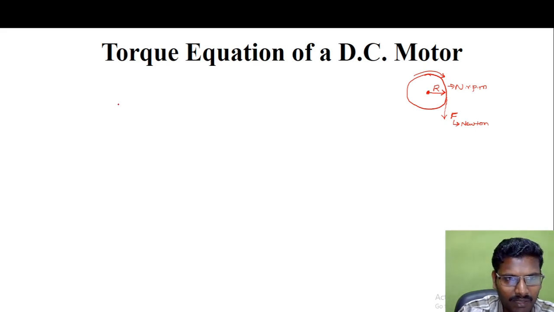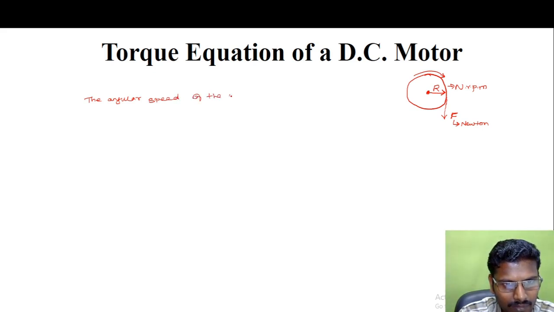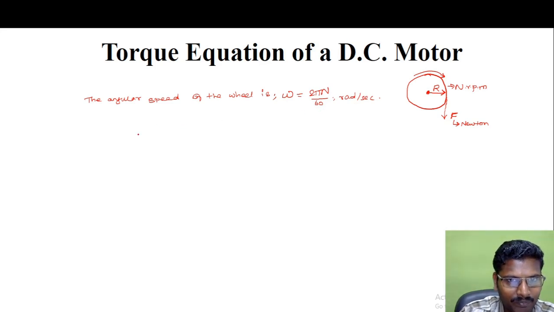Now the angular speed of the wheel is given by omega equals 2 pi n divided by 60, and its unit is radians per second.